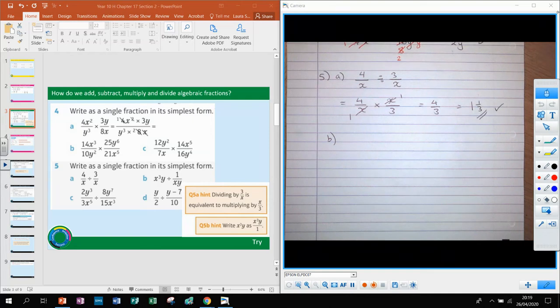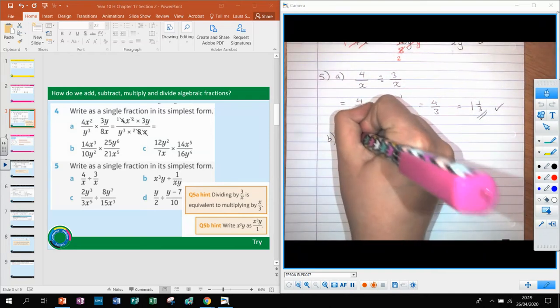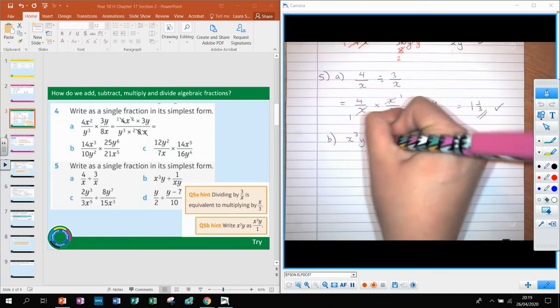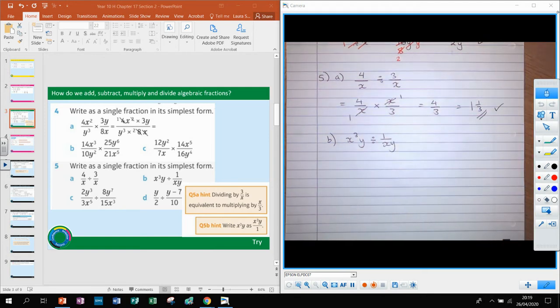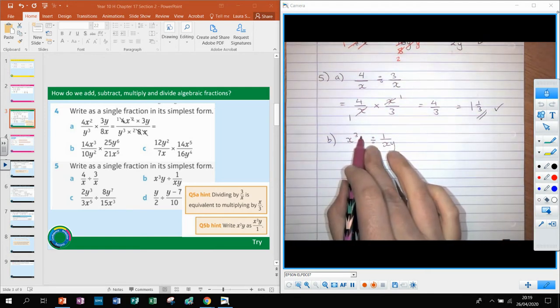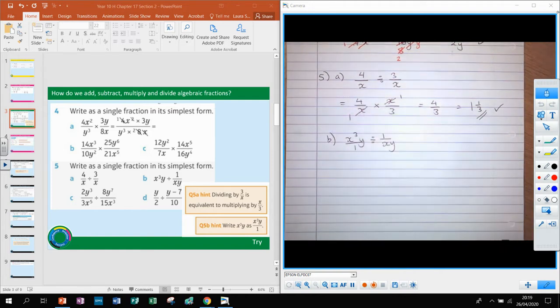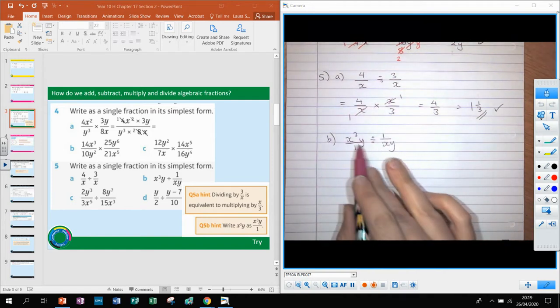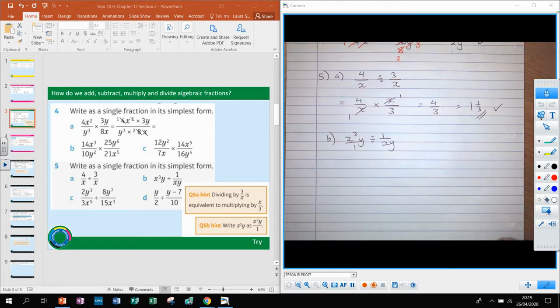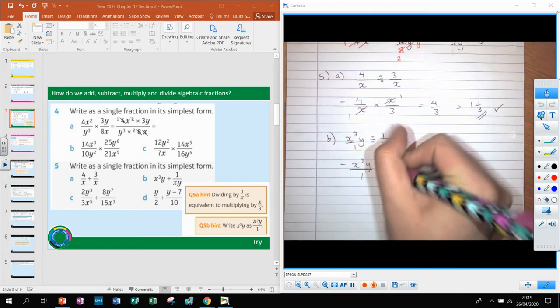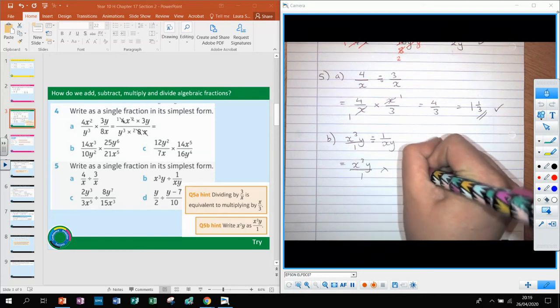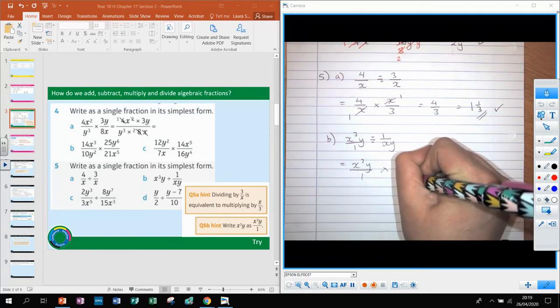For part B, we have x cubed y divided by 1 over xy. Well, anything can be written over 1. Okay, and that was the hint they gave you, and that's useful because now it looks like a fraction. So that's going to give us x cubed y over 1 times xy over 1.